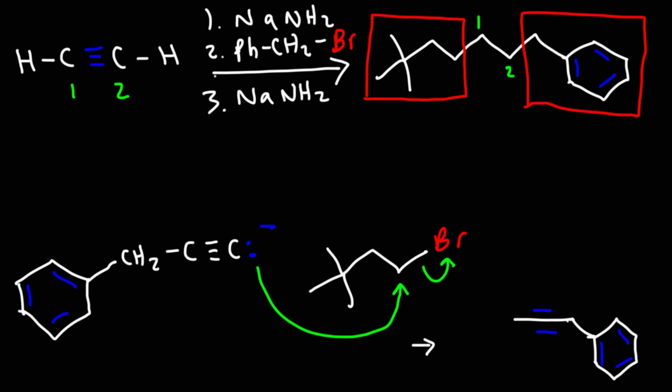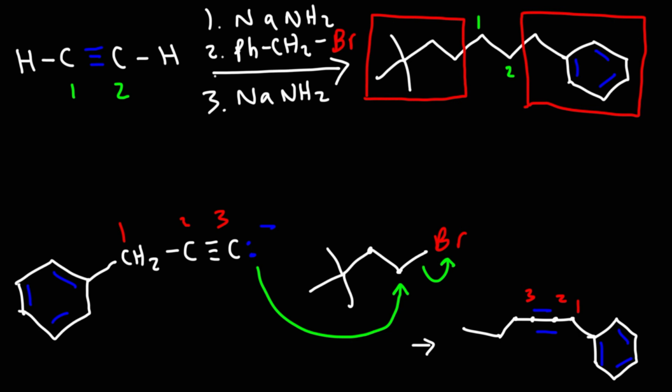So these three, let's see, we have 1, 2, 3 carbons. That will be those 3 carbons. This is the 4th carbon, which is this one, and then the 5th carbon, which is that one. Let me count it well, because if you don't count it correctly, you can easily make a mistake.